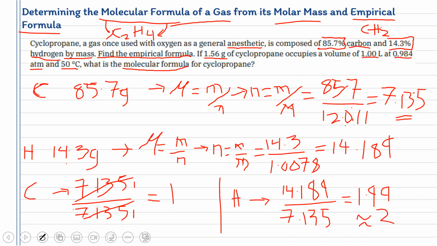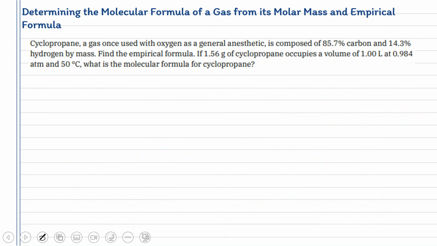So the ratio for carbon to hydrogen is 1:2. So then our empirical formula is going to be, I don't have space, so let me go to the next one. Our empirical formula is going to be C1H2. And that is the empirical formula.